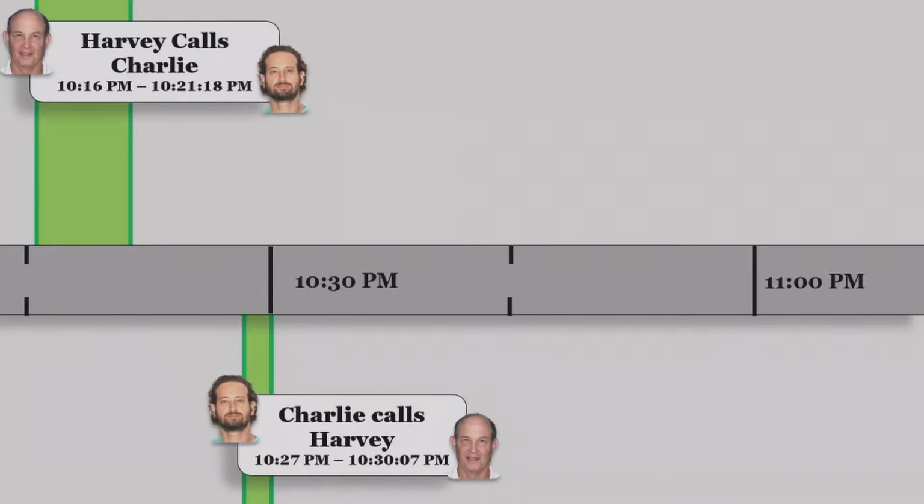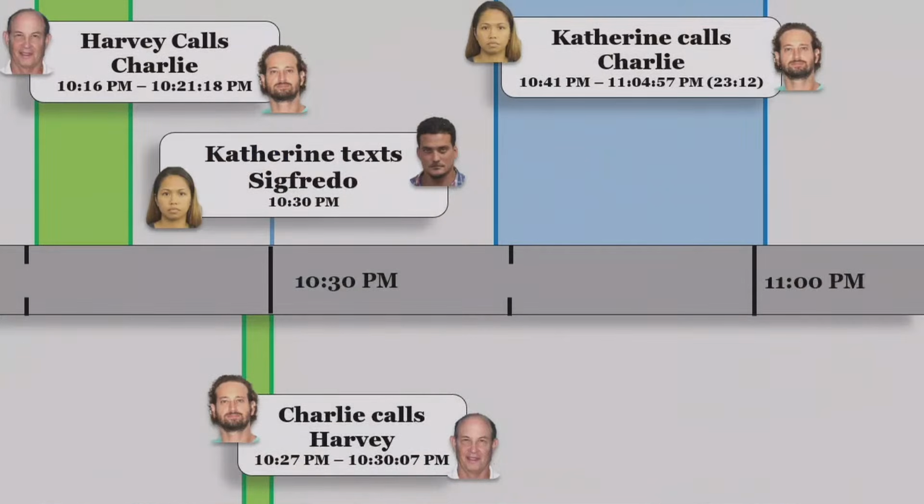We do not. 120. We don't know what was discussed between Catherine and Charlie, do we? We do not. And we don't have the content of the text messages the data indicates took place. That's correct.